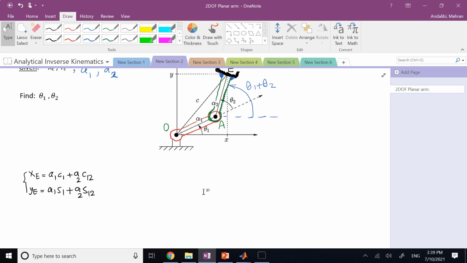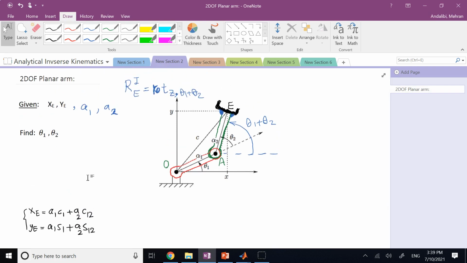Method 1 is we try to really use our algebra knowledge. Method 2 is geometrically. And the geometric method in this case is easier. So first I will show you how to solve this geometrically. And then if the video is not getting super long, I'll also show you the algebraic method, which should give you the exact solution.